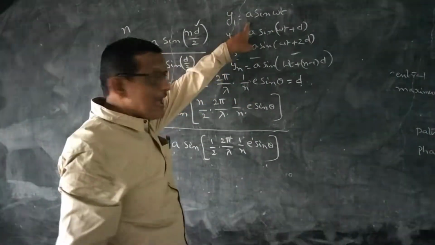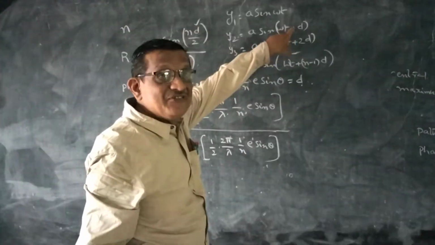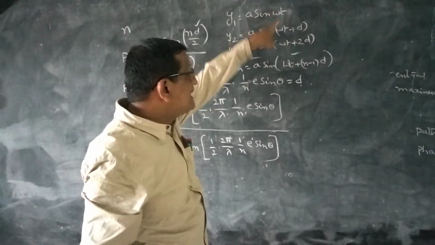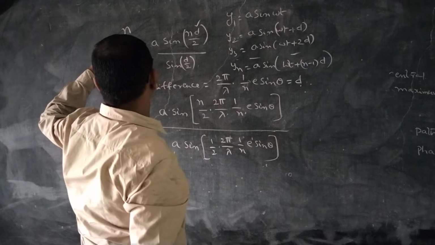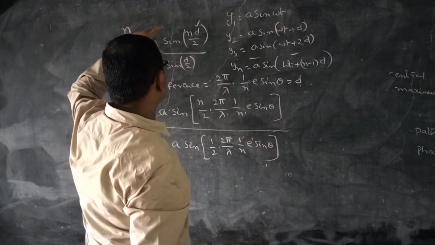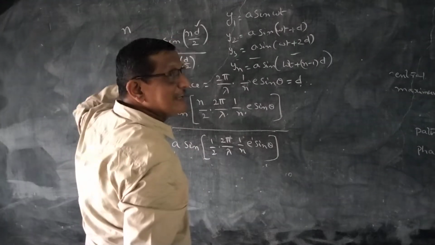Here A is the amplitude and d is the phase difference. By using these aspects, we came to an expression for the resultant amplitude, R = A sin(nd/2) / sin(d/2).